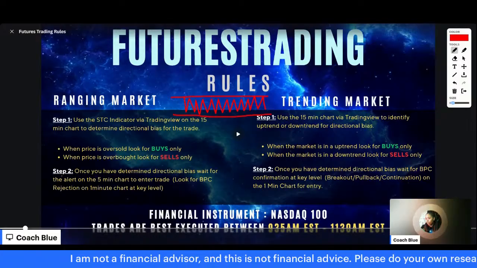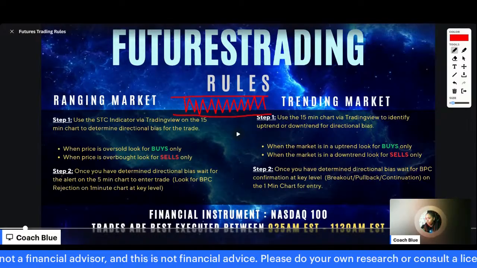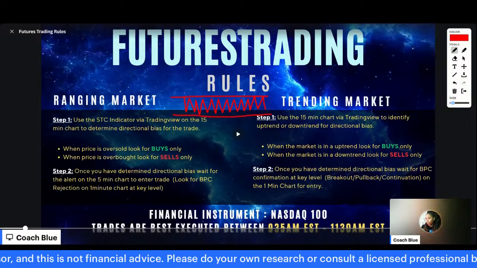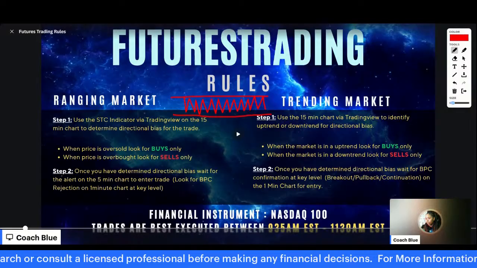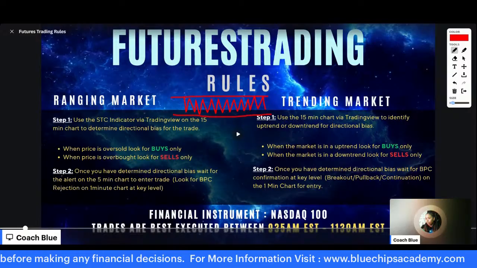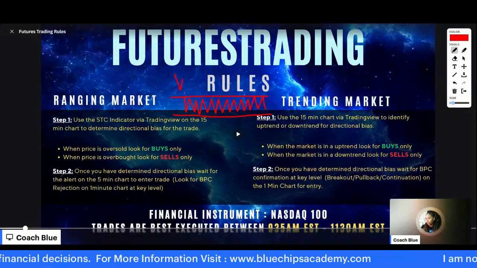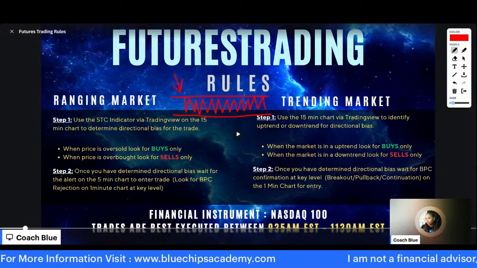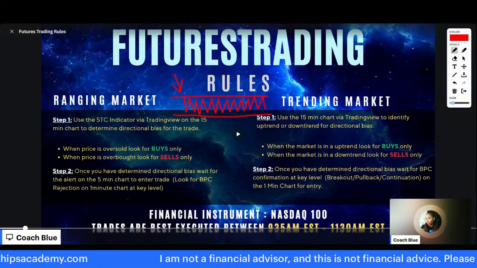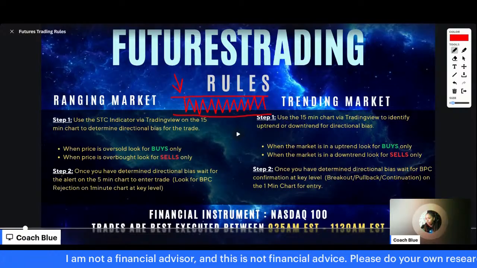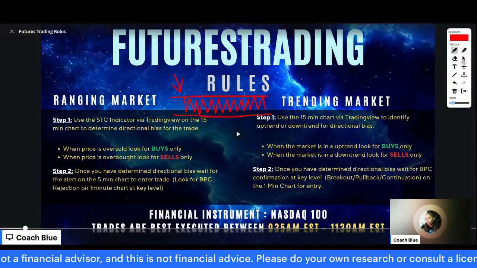If the candles are moving back and forth like this and they're choppy, do not trade in these type of market conditions. You're setting yourself up to have low probable trades. I'm not saying you can't win, but there is a low chance for you to win when the market is in these type of conditions, because it just doesn't know what type of movement or direction it wants to move. Okay, so that's the consolidation.